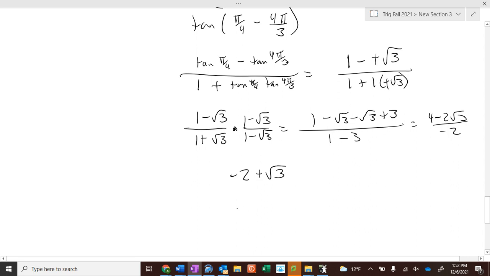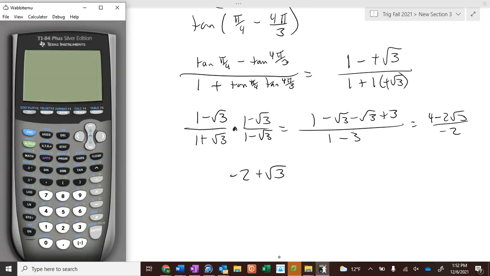How about that? I would have figured it out because once I went in and did the tangent of, what did we start with? Negative 13 pi over 12. So we go negative 13 pi divided by 12 is that, and negative 2 plus the square root of 3 is that.